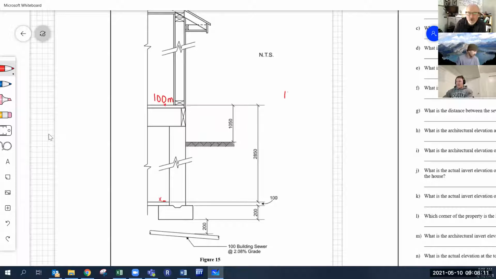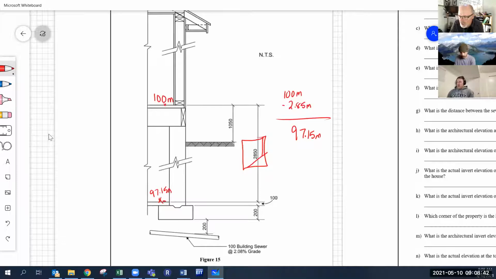So we're going to take 100 meters and we're going to minus off 2.85 meters, right? We're going to minus off this number right here, 2.85 meters, giving us 97.15 meters is right here. 97.15 meters is the architectural elevation of the top of the basement slab.